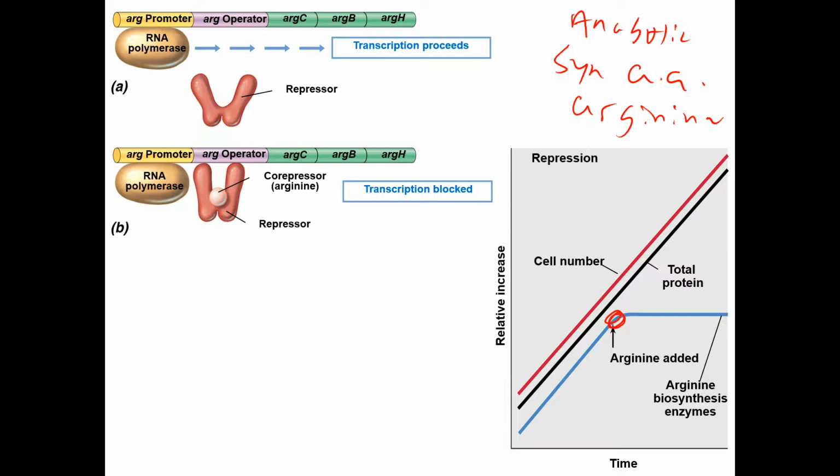That's why you see the level of arginine biosynthesis enzymes flatline: arginine's there, and you don't need to make any more. It makes no sense to make something that's freely available. So make sure that you can distinguish between induction and repression.